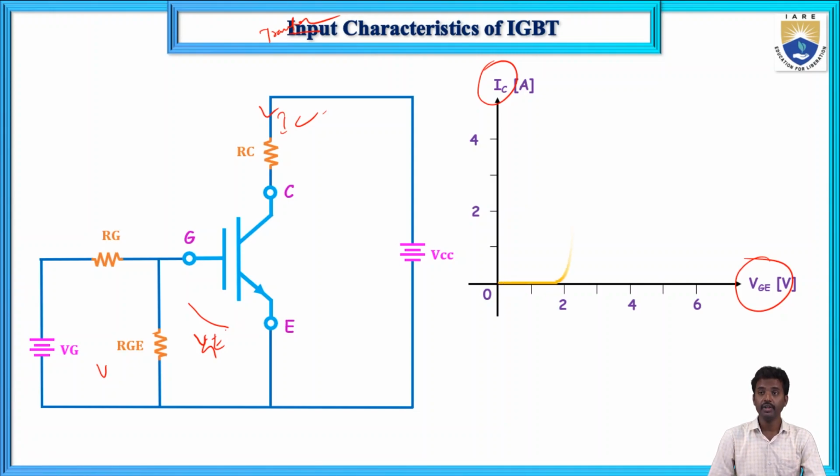Here VGE(th) is the threshold voltage. Up to this voltage it will not conduct. Because of internal capacitances, after that it will rise. The graph should be like this for the transfer characteristics of the IGBT.